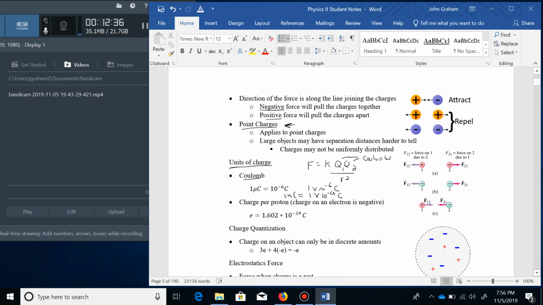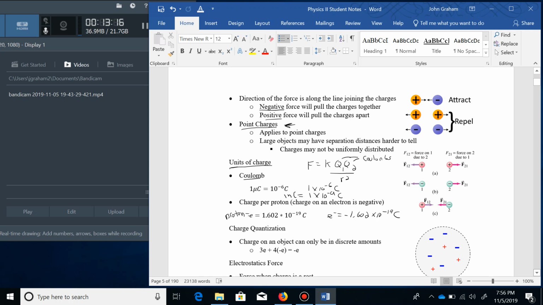The electron is equal to a negative 1.602 times 10 to the negative 19 coulombs. Now this is an electron. A proton, which I'm going to write as just E here, which is basically any positive charge, is 1.602 times 10 to the negative 19 coulombs.